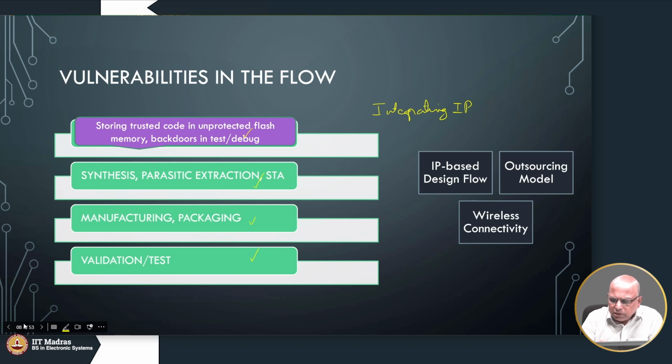So what can happen here is, not only are we adopting an IP based design flow, we are also outsourcing a lot of our activities to other people, right? And most of our chips also have wireless connectivity. So data is easier to steal today than it was once upon a time, right?